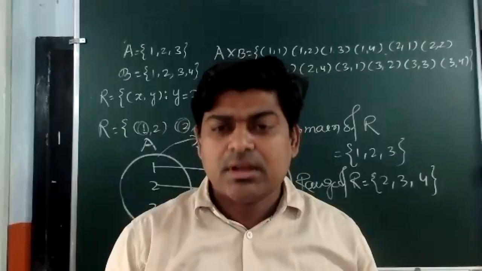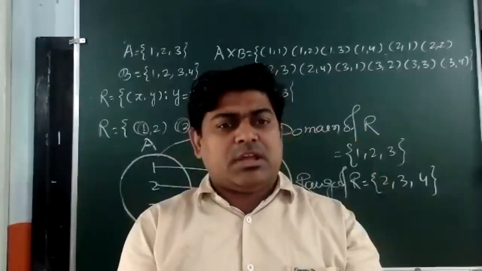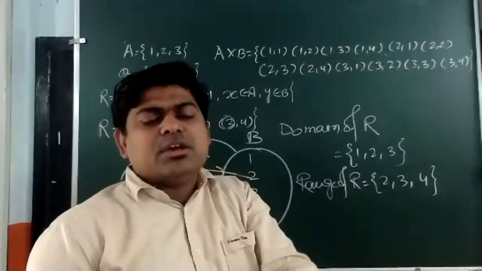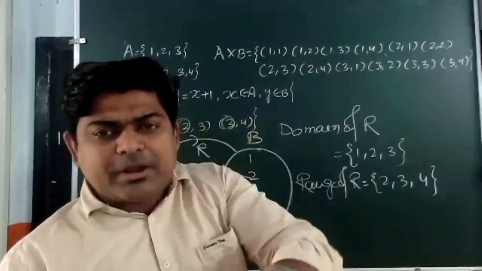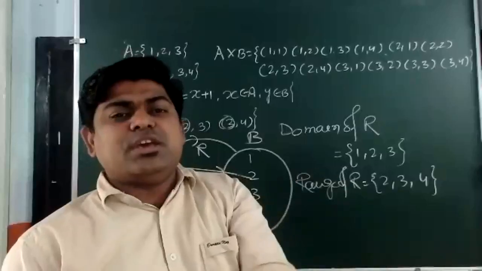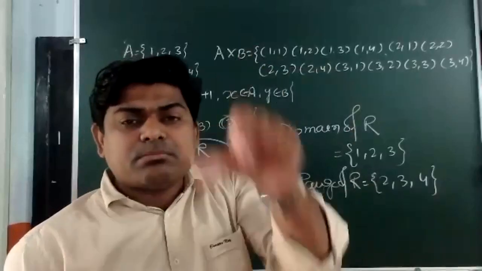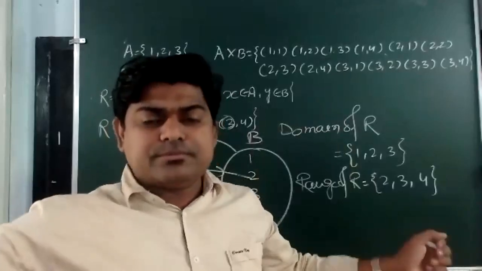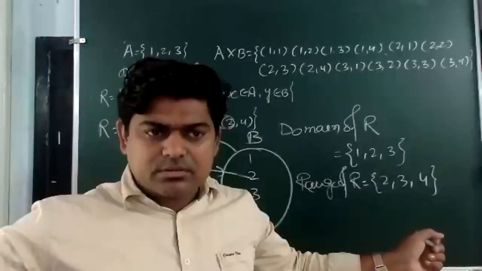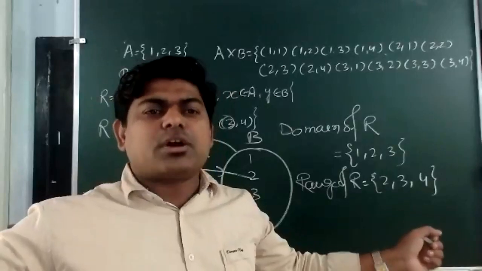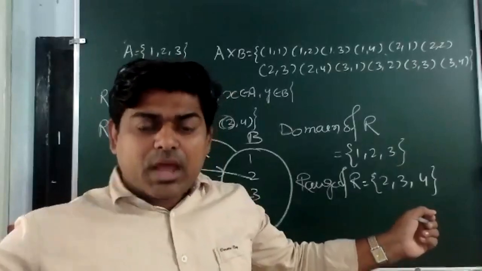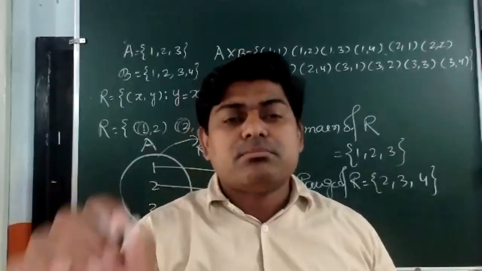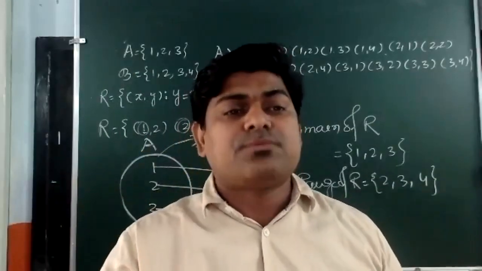In this case, the number of subsets will be 2 to the power m into n. And this number of subsets is, we can say, the number of possible relations from A to B.